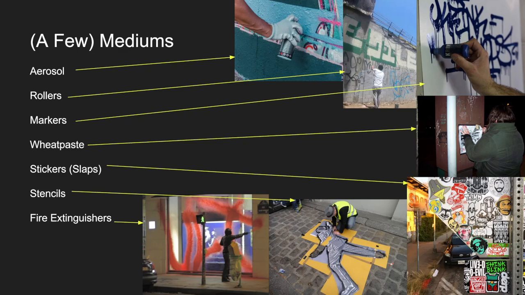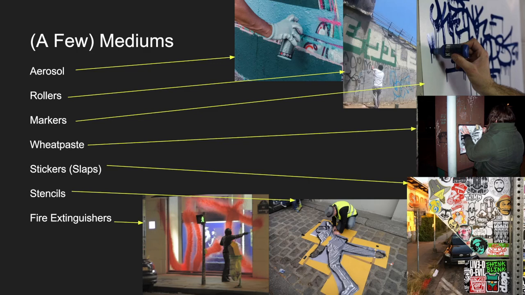Wheat pastes are used with printed messages, typically to mass send a message. You'll see people putting advertisements out for political causes or events. Typically they use wheat paste because it's easy to print stuff beforehand and just paste it up somewhere.